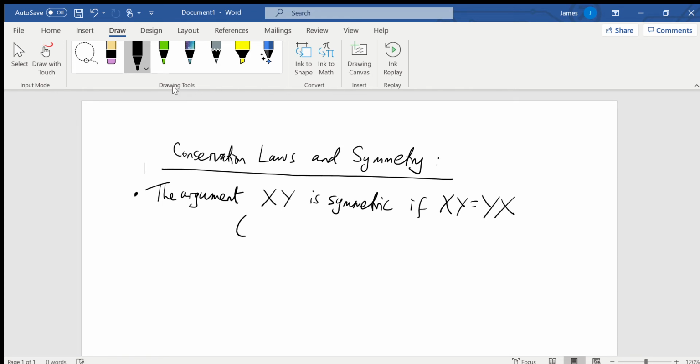And this is a reflection symmetry. Reflection symmetry. Because clearly we have what looks like xy being reflected in a mirror to give yx.